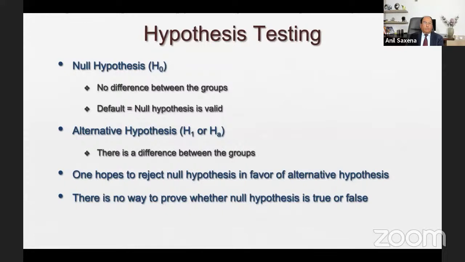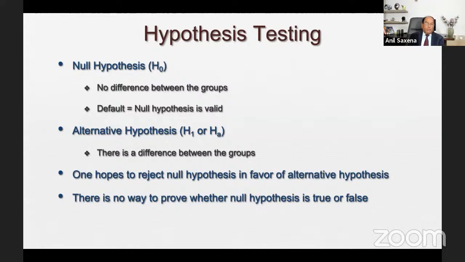That's the default. And then, in the back of your mind, you have an alternative hypothesis, that there is a difference between the groups. And that is what you expect, that is what you want, that your new treatment or new drug should be more effective than the control therapy that you are testing, because that is the whole aim of the trial.